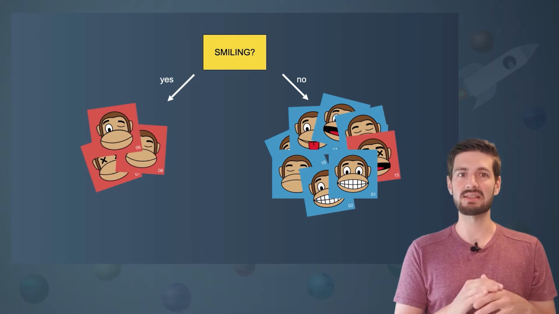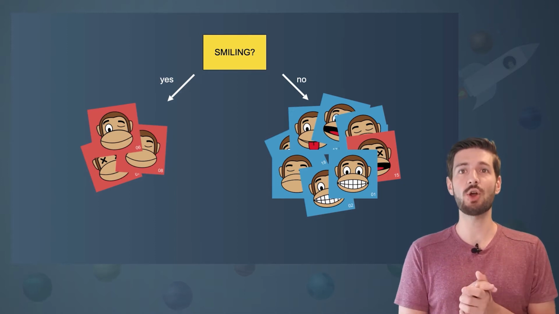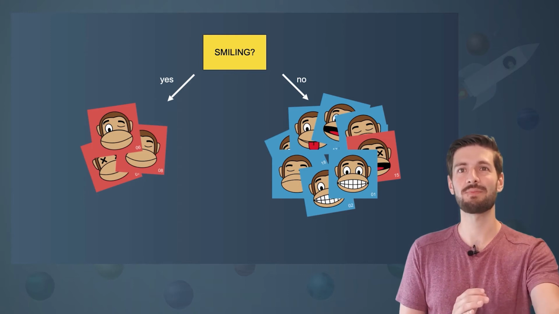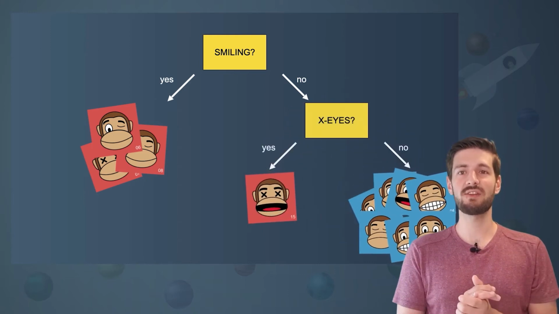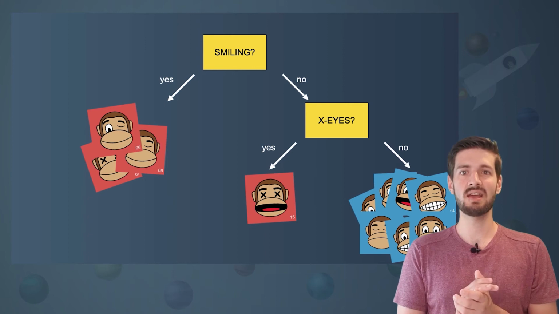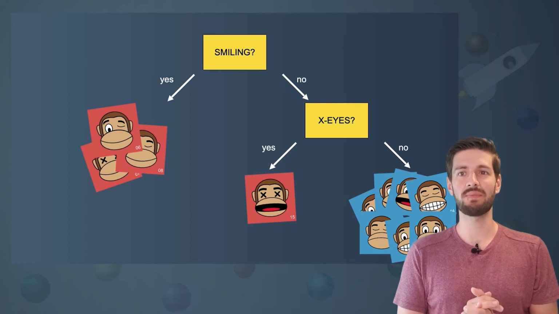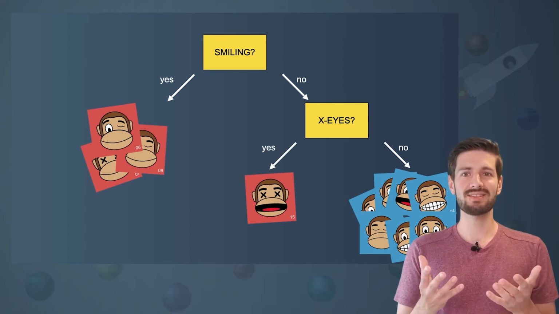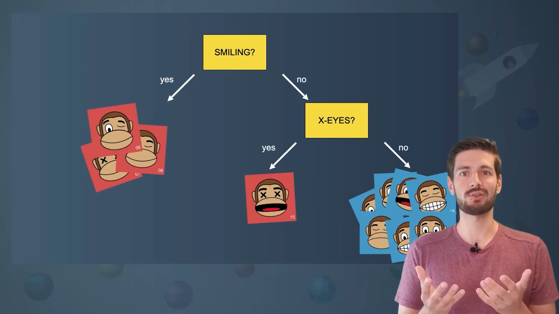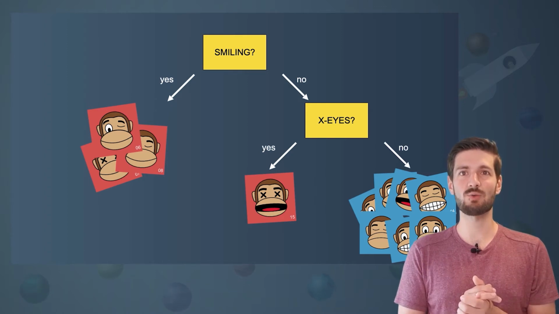As there are still monkeys that bite as well as monkeys that don't, the computer has to continue. Once more, the best feature is identified, in this case the egg eyes, and the data is split accordingly. Now all monkeys with egg eyes are biting and all without are not, so those branches can be ended as well and the tree can be considered complete.